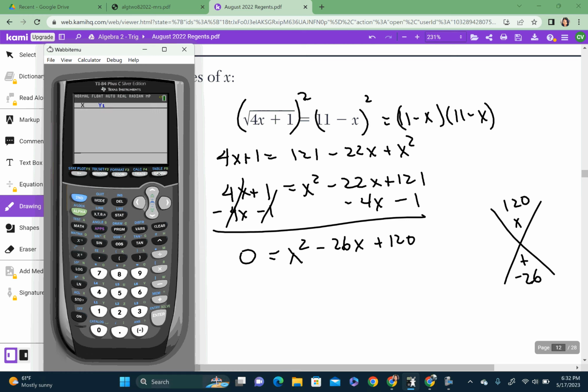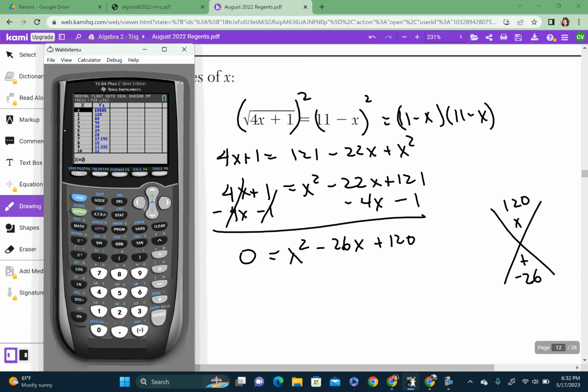And if you go to the table, we're looking for two numbers that multiply to be 120 and add to be negative 26. So 1 and 120, that doesn't give us 26. 2 and 60 doesn't give us 26 when we add or subtract. 40 and 3 doesn't give us 26, but 30 and 4 do.